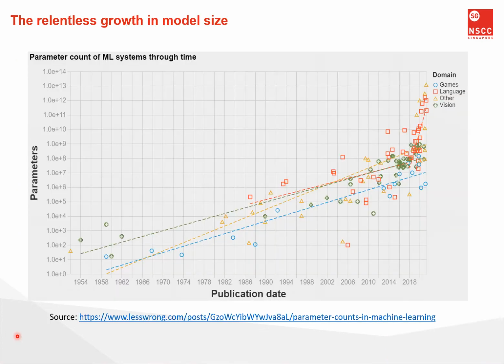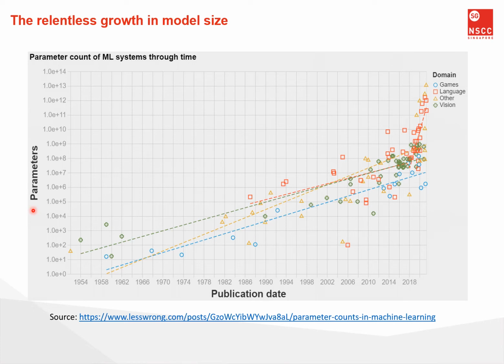So this slide shows us the reason why we need to consider larger models, because this is a trend that has been observed in machine learning models, especially the deep learning models that we're talking about in this topic. If you look at the graph here, it's in terms of the number of weights.